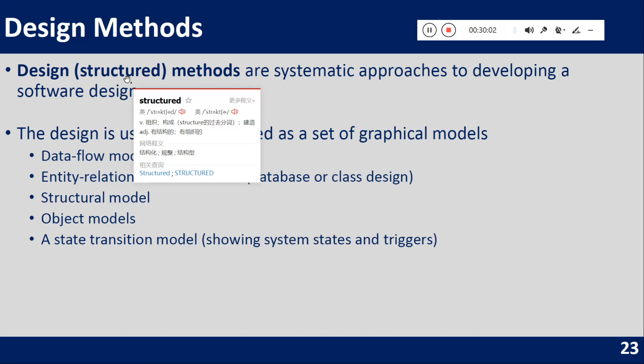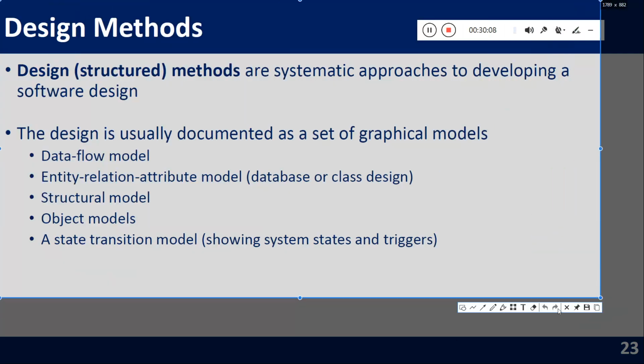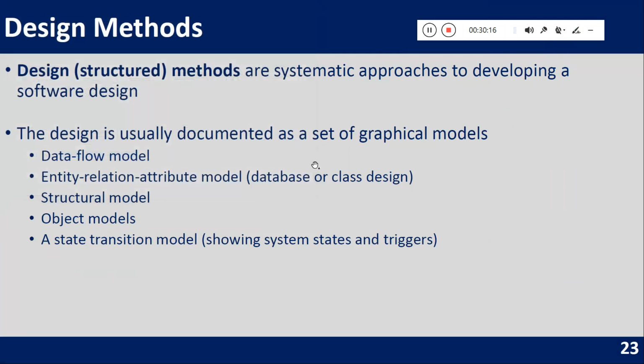The design is usually documented as a set of graphical models, and I'm not very clear why we talk about that. Design methods are systematic approaches to developing a software design, and the design is usually documented as a set of graphical models.